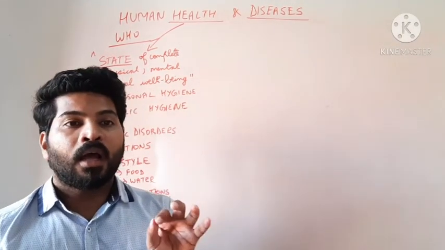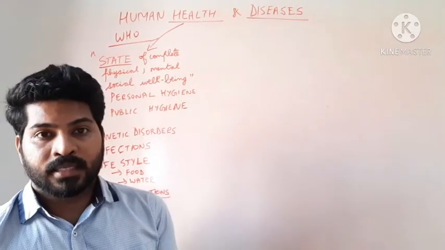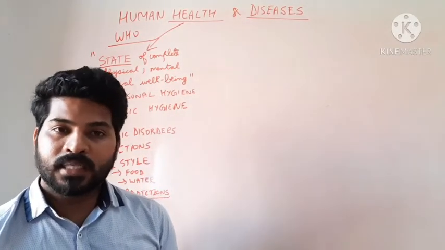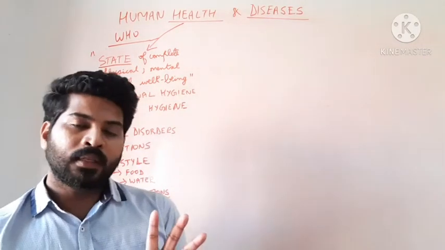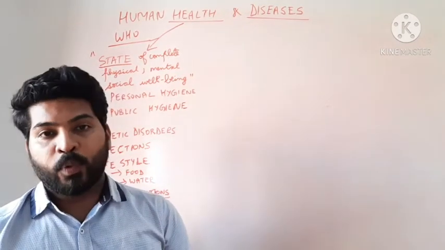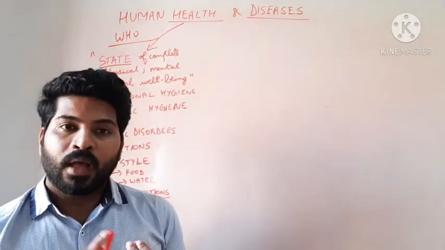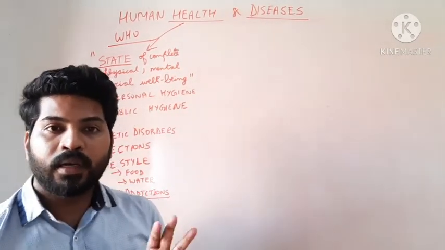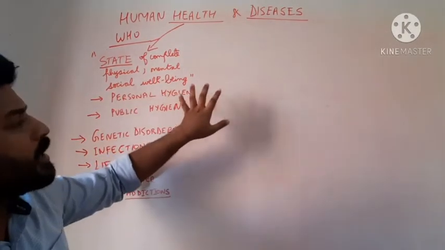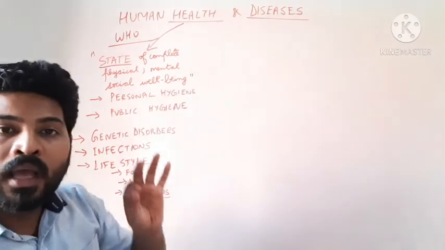Also getting the right amount of exercise for an active lifestyle is also essential. So eat well, exercise well, and also sleep well. The proper amount of rest also plays an important role in maintaining a good personal hygiene as well as health.